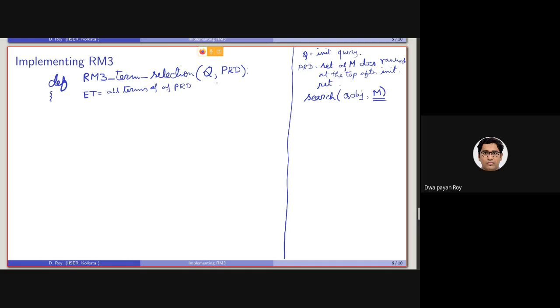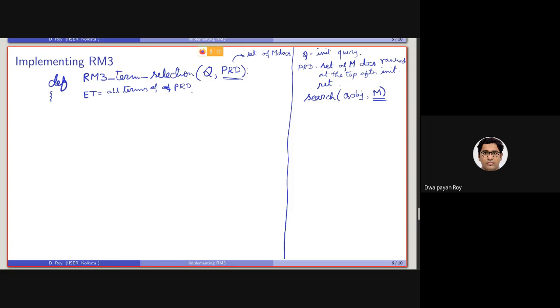Note that PRD is a set of M docs. PRD is a set which is containing multiple documents. ET here is basically all the terms from those pseudo-relevant documents. All terms of PRD.